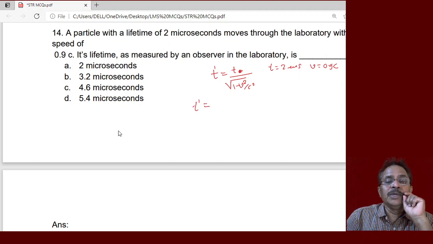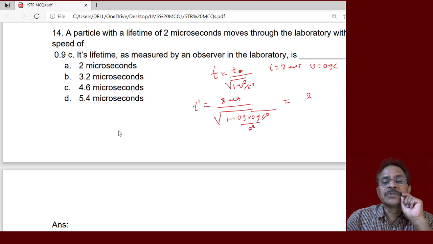Therefore t prime is equal to 2 microseconds divided by root of 1 minus 0.9 into 0.9 into c square divided by c square. So the c squares get cancelled.